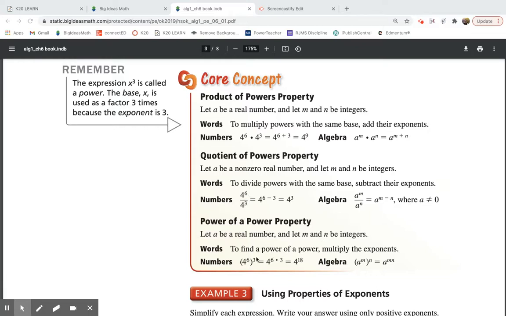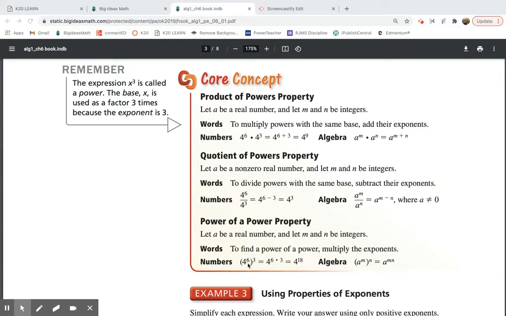Okay, and then the third one is power of a power. That sounds confusing, but it says to find a power of a power, you multiply the exponents. So for example, I have 4 to the 6th power, in parentheses, all raised to the 3rd power. So anytime you have an exponent raised to another exponent, you're going to multiply those two exponents. 6 times 3 to get 4 to the 18th power.